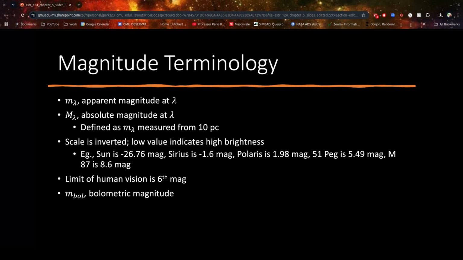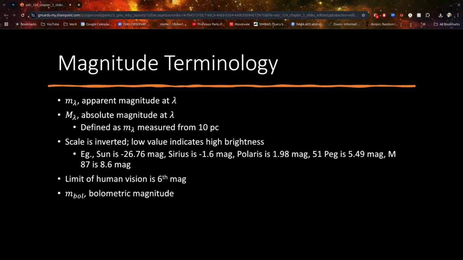Obviously, the intrinsic brightness of the flood lamp is far greater than the brightness of the candle. But you can also imagine that if you push the flood lamp far enough back, the apparent brightness of those two objects is going to be the same. So in order to mitigate that, we have defined absolute magnitude as the apparent magnitude at a set distance.